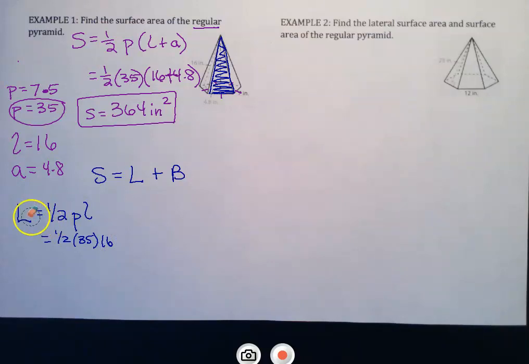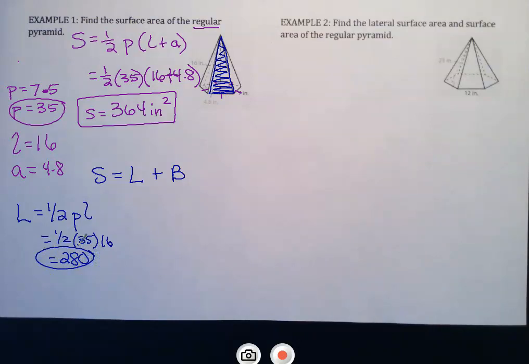Because if you're looking for the lateral surface area of a pyramid, the formula comes back to 1/2 PL. So what's 1/2 times 35 times 16? 8 times 35. 280.